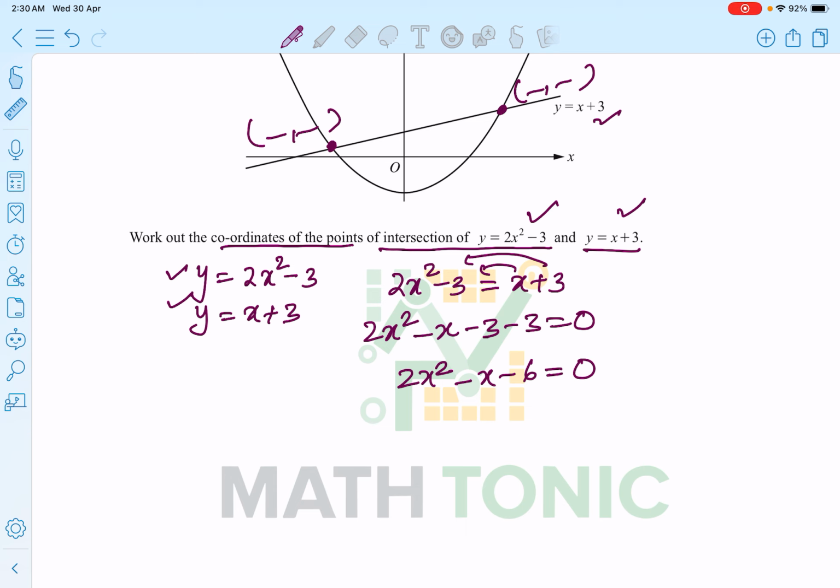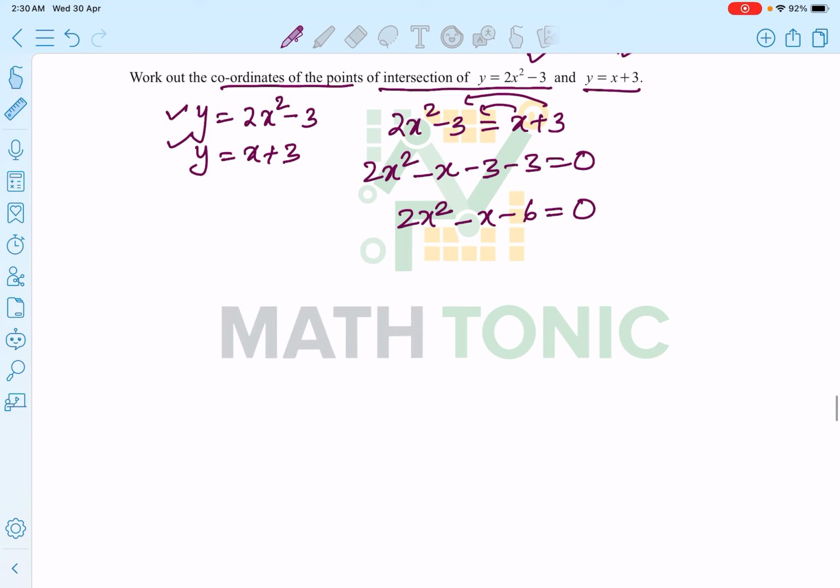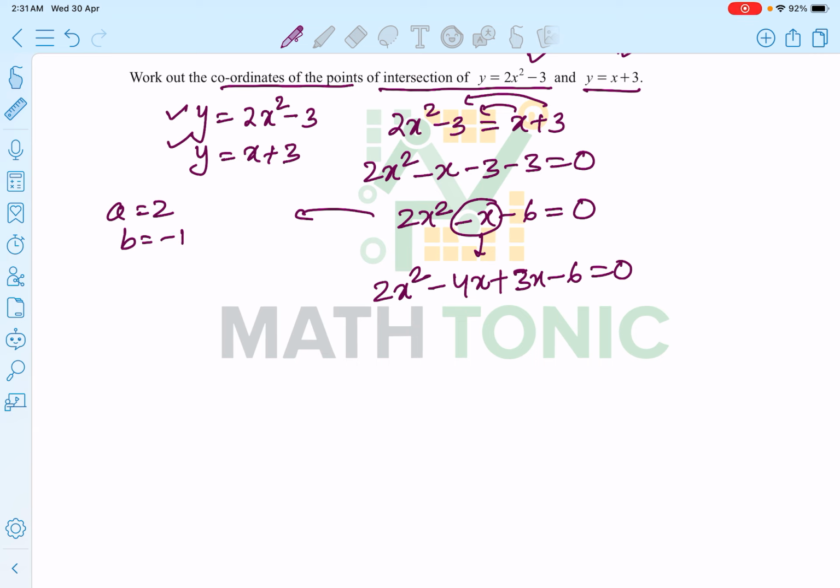So we can factorize this. How can we factorize it? You can split the middle term. So 2x squared minus 4x plus 3x minus 6 equals 0. Here we have a equals 2, b equals minus 1, and c equals minus 6.